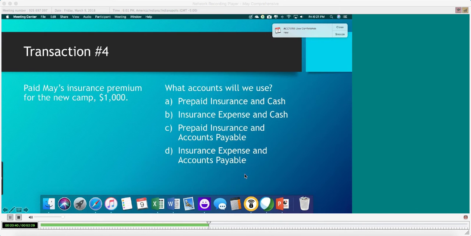So how would we record this? Would it be prepaid insurance in cash, insurance expense in cash, prepaid insurance in accounts payable, or insurance expense in accounts payable? For paying a premium for the new camp.